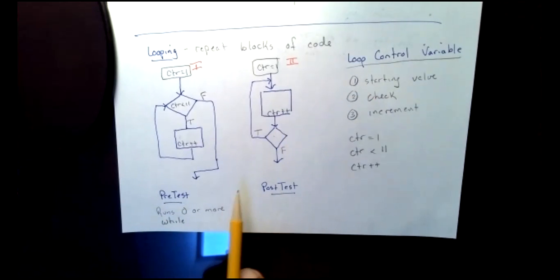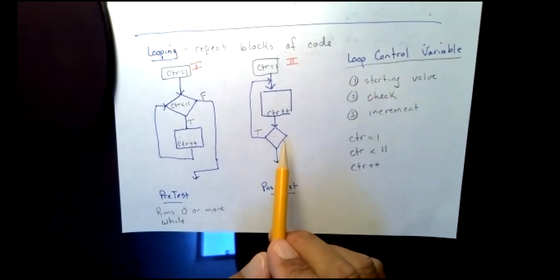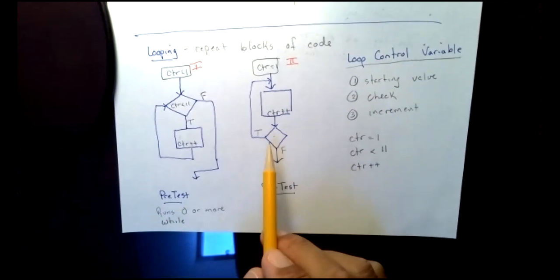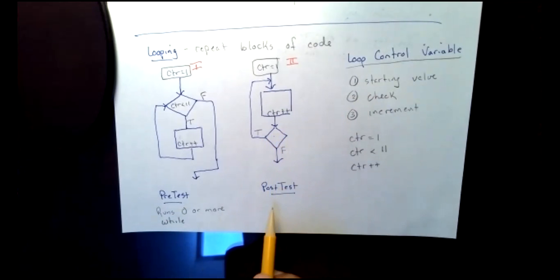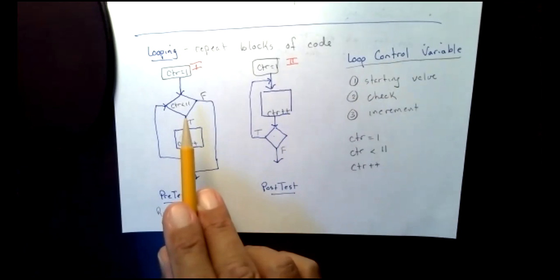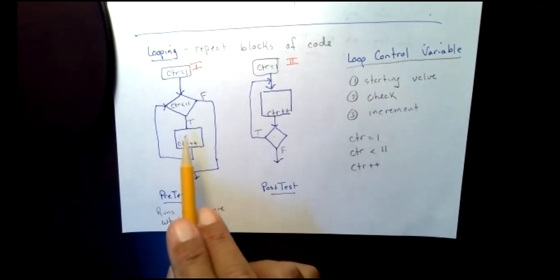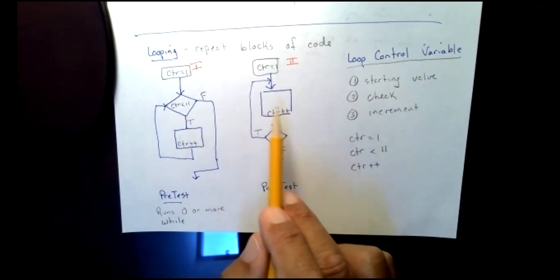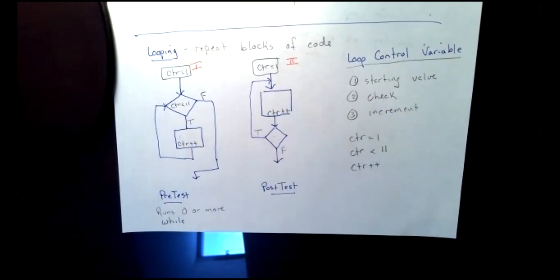Now this guy is a post test because I'm actually doing my check after the body of the loop. What do you notice about this guy? Well, the last one, the body got executed 0 or more times. What do we know about the body of this one? It executes before the actual question.